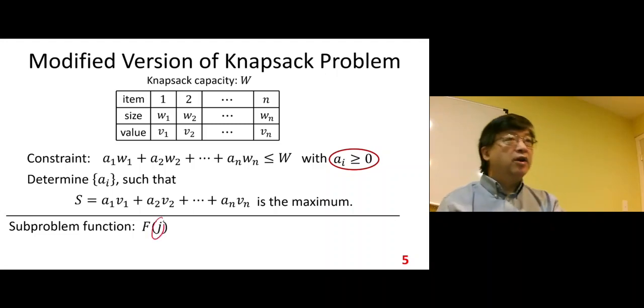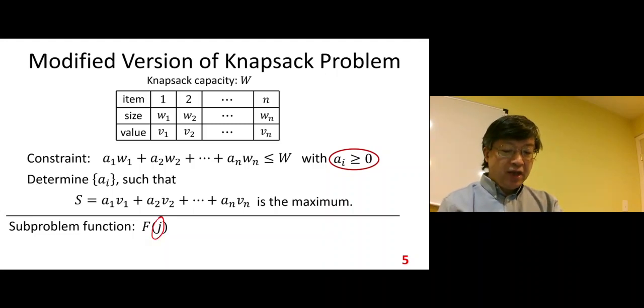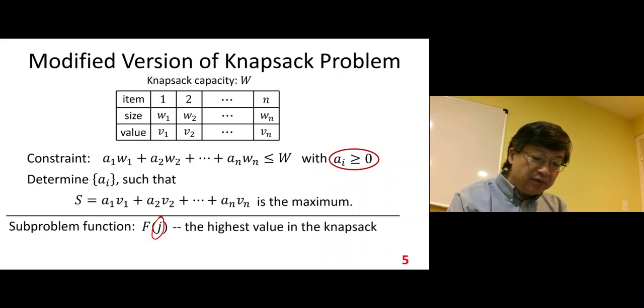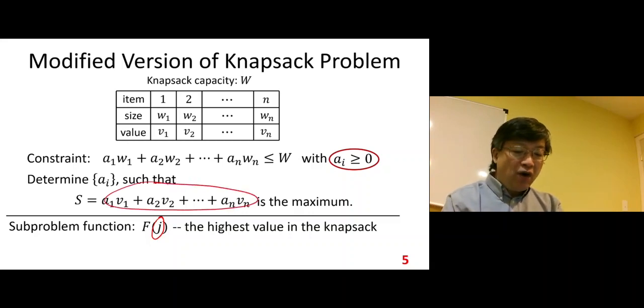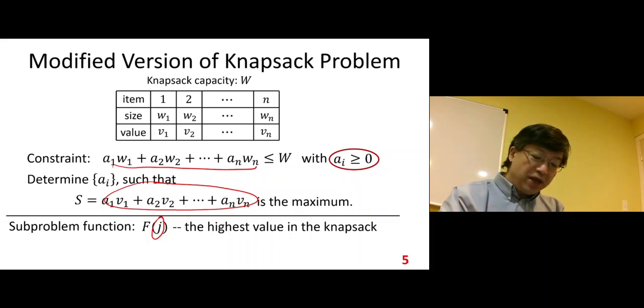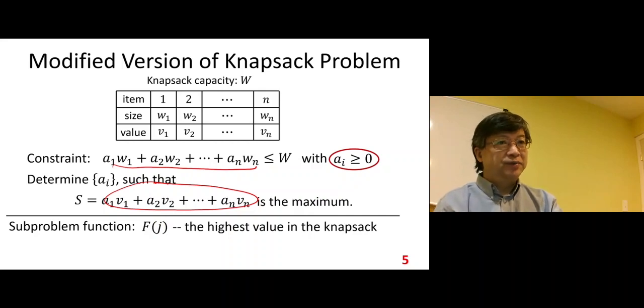We only use one parameter, the capacity J. F of J means the highest value in the knapsack for the selected items. That's the definition. You can use all the items, no restriction, but you need to get the highest value. That's the F of J.